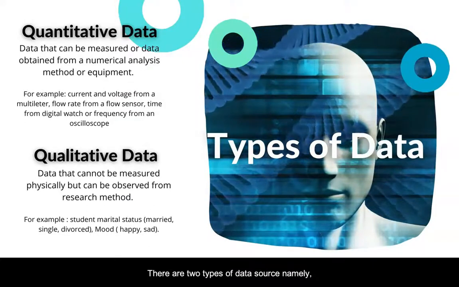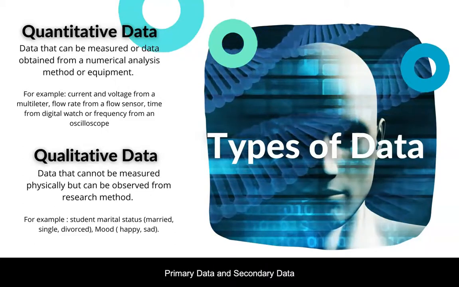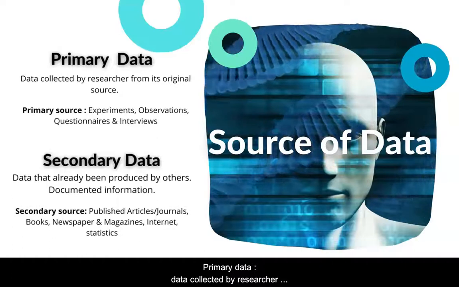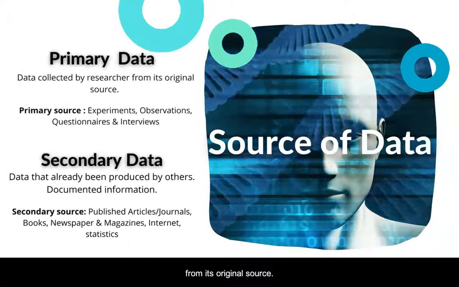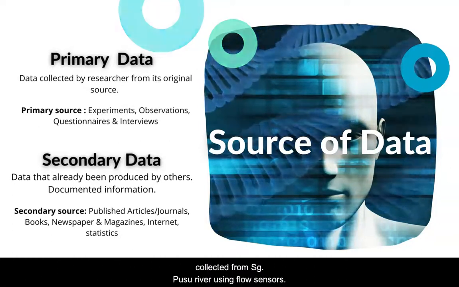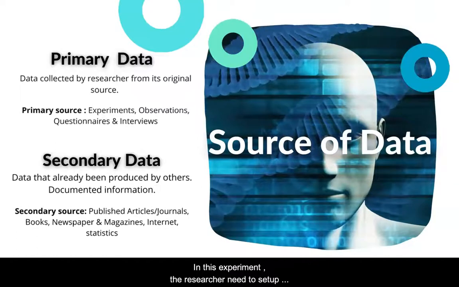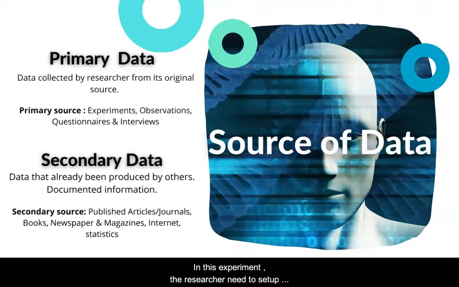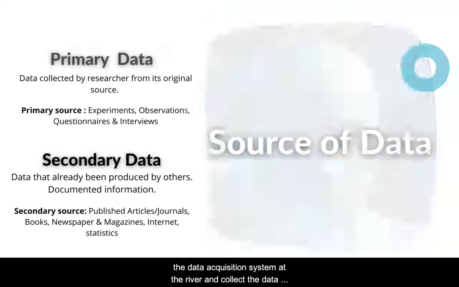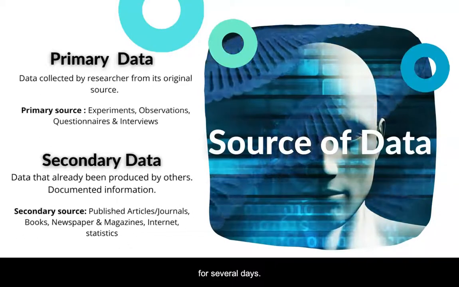There are two types of data source, namely primary data and secondary data. The primary data is data collected by the researcher from its original source. For example, the water flow rate data collected from Sungai Pusu River using a flow sensor is primary data. In this experiment, the researcher needs to set up the data acquisition system at the river and collect the data for several days.